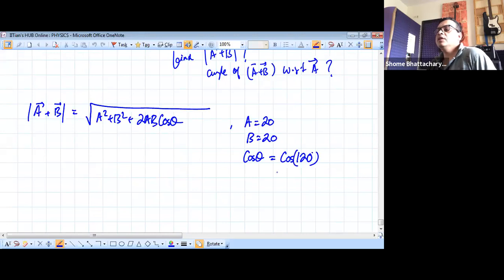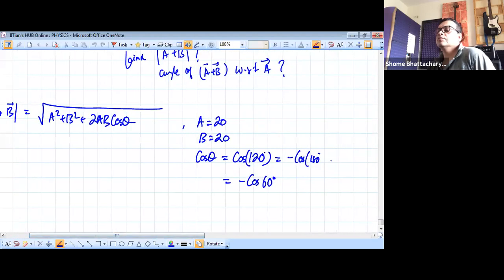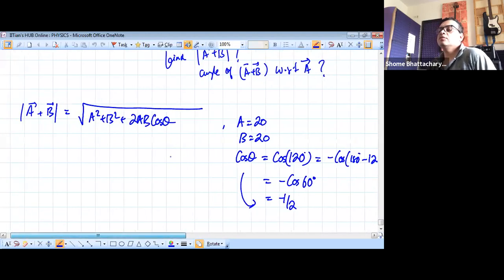Now cos 120 will become minus of cos 60 degrees, that is minus of cos 180 minus theta. Using this formula, it's minus half. So cos theta has to be substituted as minus half. So this becomes 20 square plus 20 square plus 2 into 20 square into minus half.